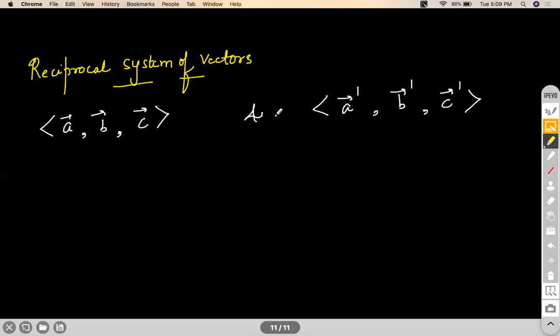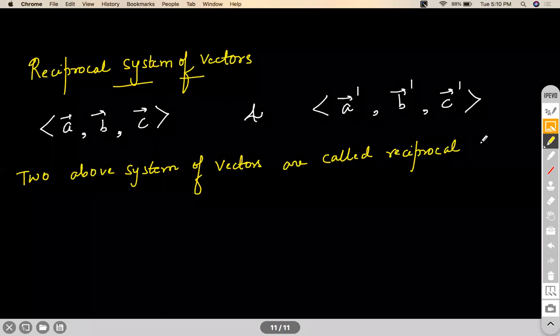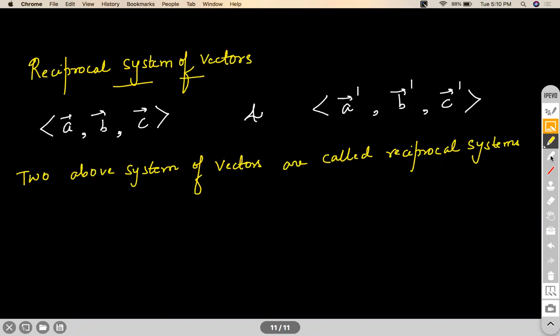So the two above systems of vectors are called reciprocal systems, or reciprocals of each other, if the following two conditions are satisfied.